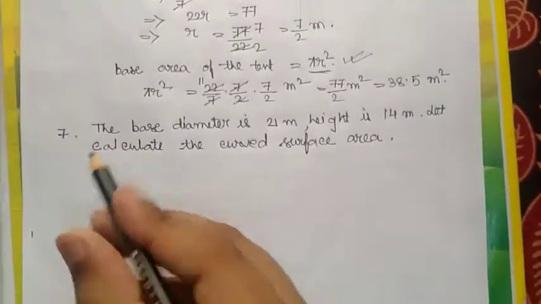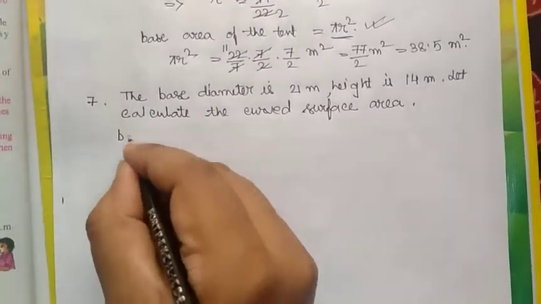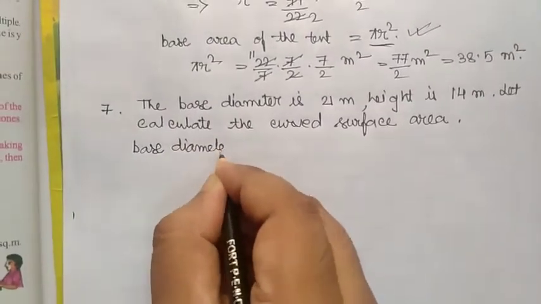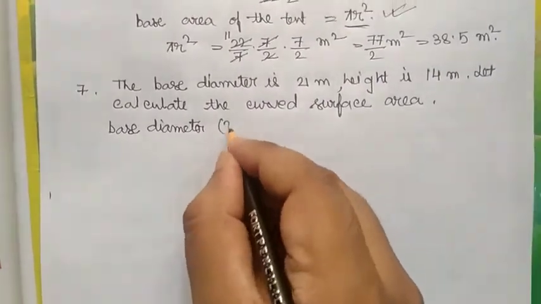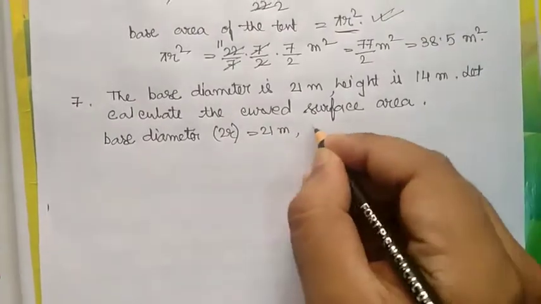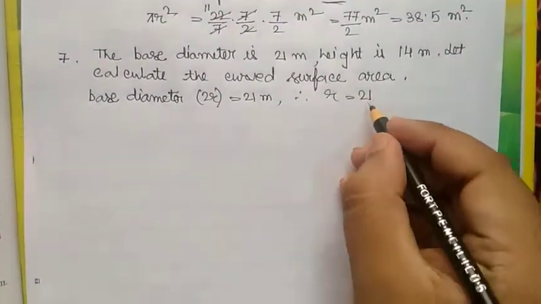So here what is given? Base diameter means 2r equal to 21 meter. So we say that r equal to 21 by 2 meter.